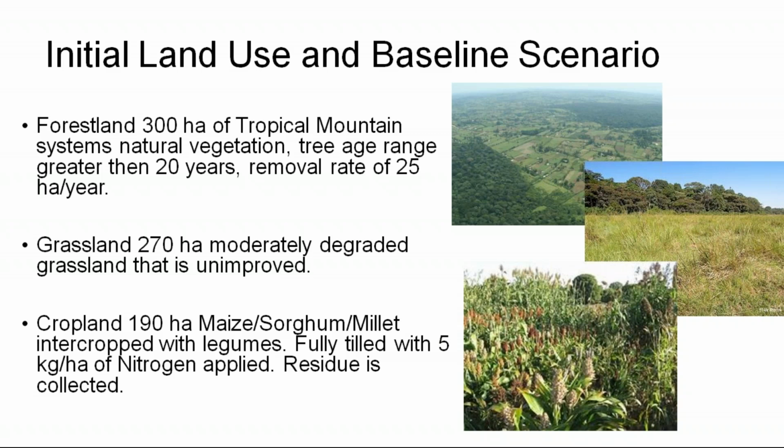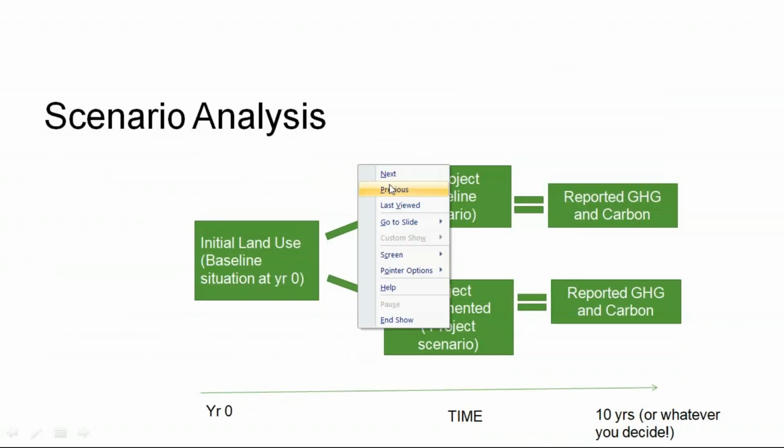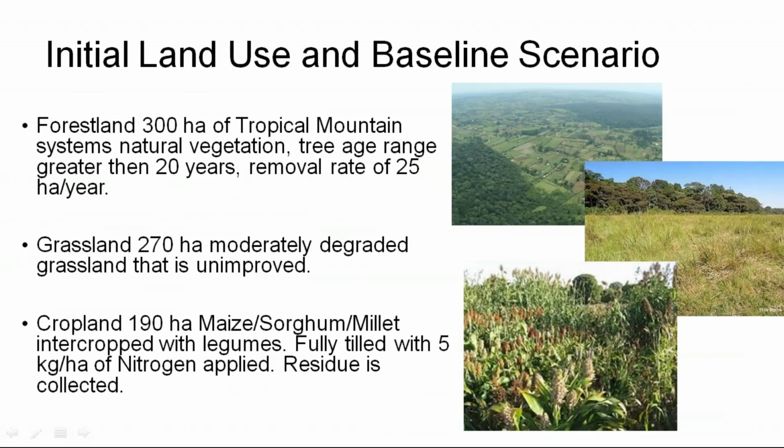We have 270 hectares of moderately degraded grassland. That's that polygon, if I just go back and show you. So this polygon here is actually degraded grassland. This is 270 hectares of degraded grassland. It's unimproved, so it's not being managed very well.